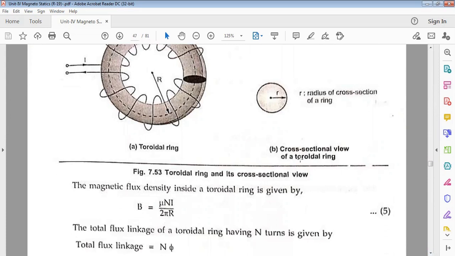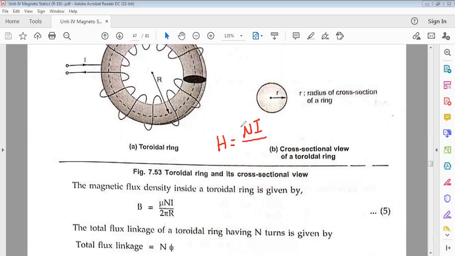Okay. So the magnetic flux density inside the toroid ring can be found in terms of the magnetic field. What is the magnetic field? H is equal to N into the number of turns and the current I, divided by L. Previously, we wrote L as the length of the solenoid.